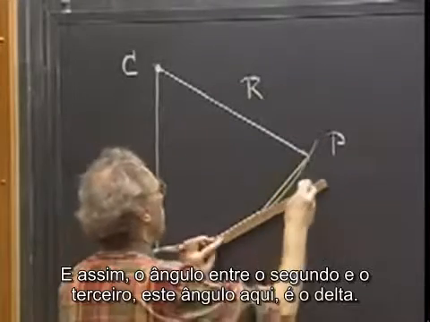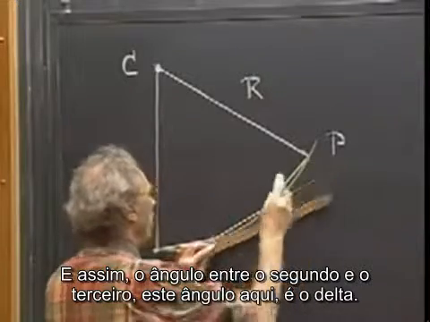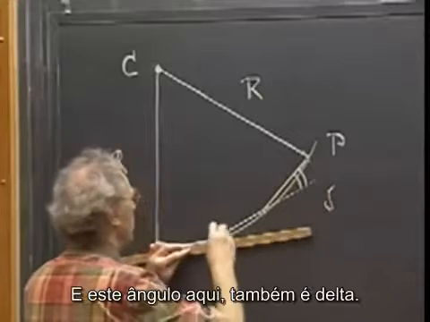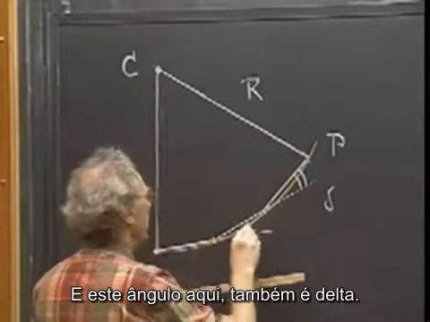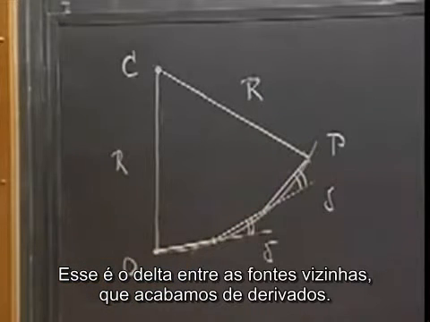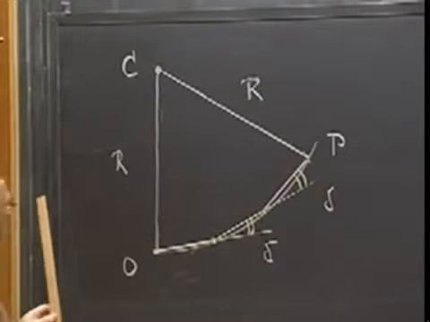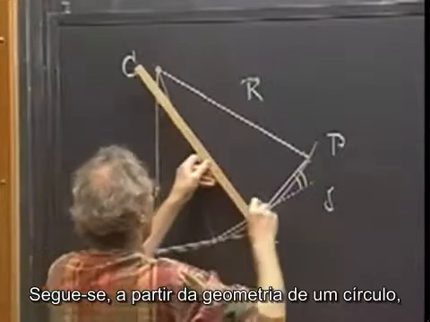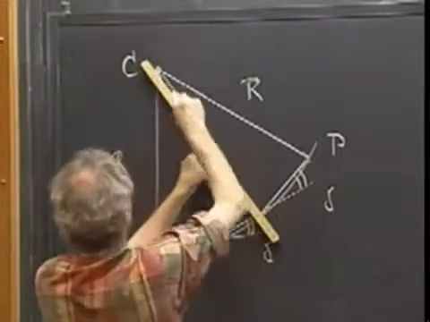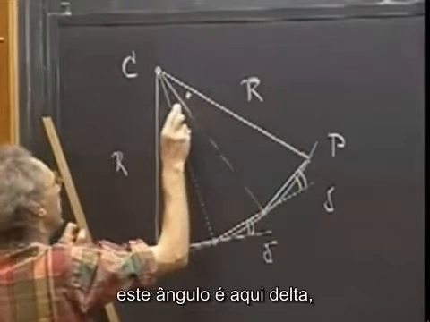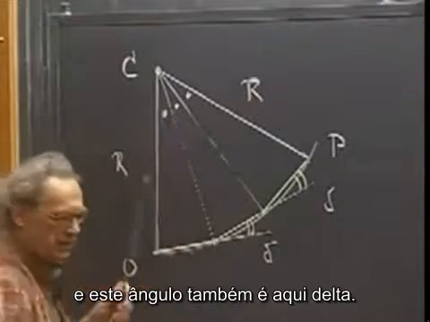And so the angle between the second and the third one, this angle here, is delta. And this angle here is also delta. That's the delta between the neighboring sources, which we just derived. It follows from the geometry of a circle that this angle here is delta, this angle here is delta, and this angle here is also delta.